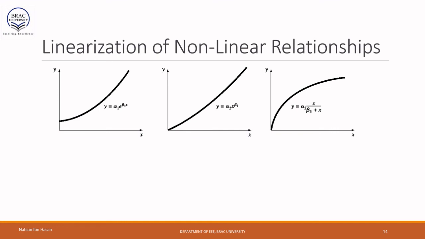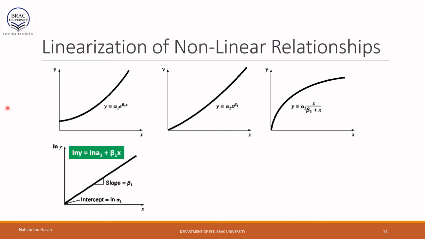Let's see how we can utilize this least square regression on other forms of data points. For example, if we are given something like this, the equation y equal to alpha 1 e to the power beta 1x, this is the curve of this function. We can linearize this function to fit a straight line through these data points.